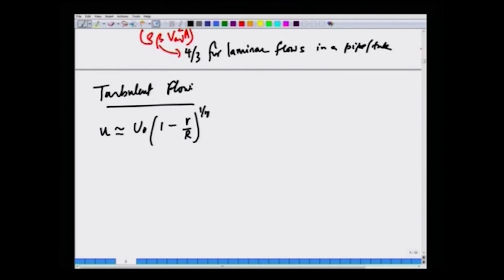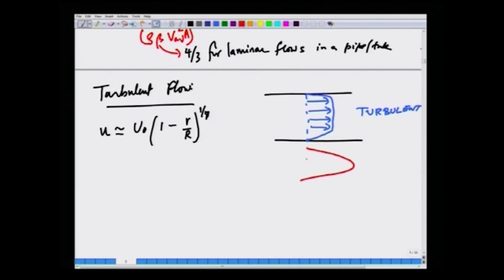Nonetheless, the velocity is a function of the radial coordinate, but if you qualitatively sketch this velocity profile, you will find that the velocity is more plug like for turbulent flow. If you compare and contrast this side by side, the velocity profile for laminar flow was like this.